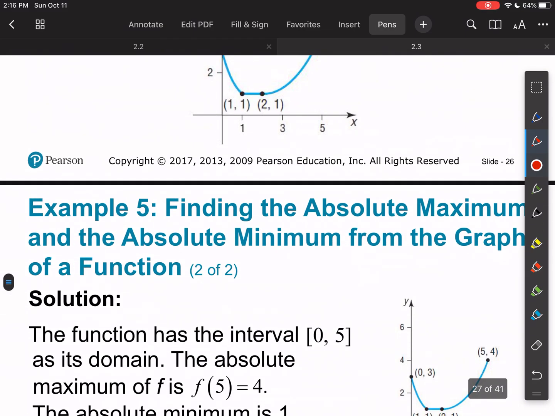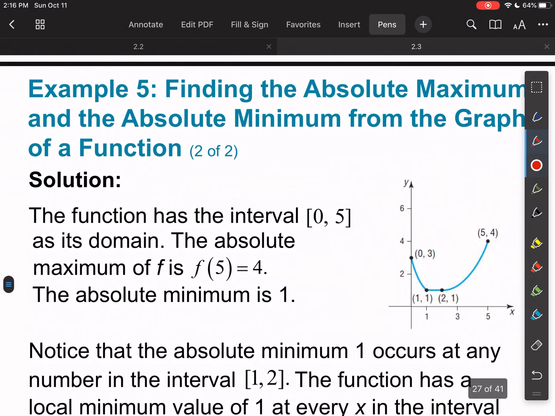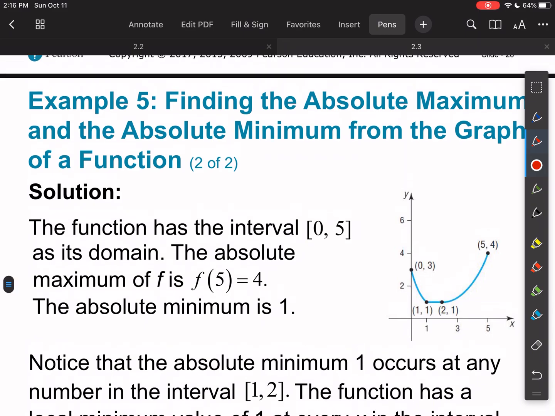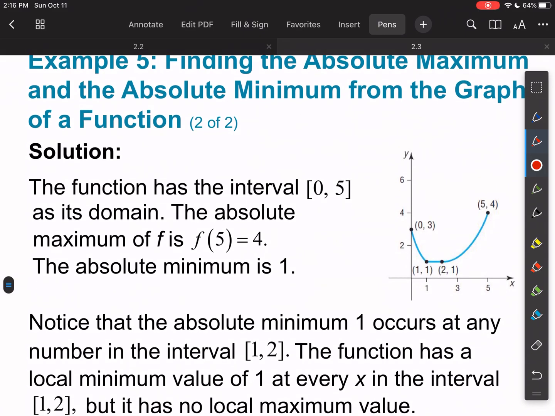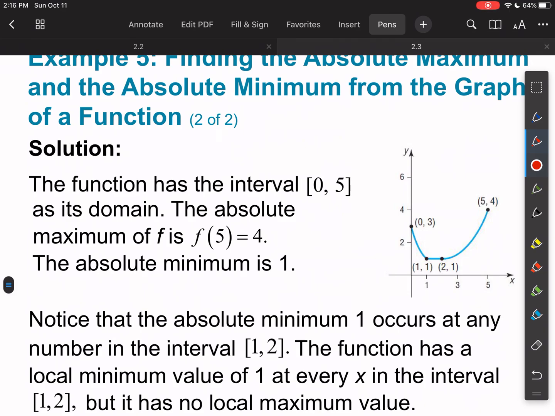Between 1 and 2. Okay, so here it says the function has the interval 0 to 5 as its domain, the absolute max is f of 5, which equals 4. The absolute minimum is 1. Oh, okay, so cool.